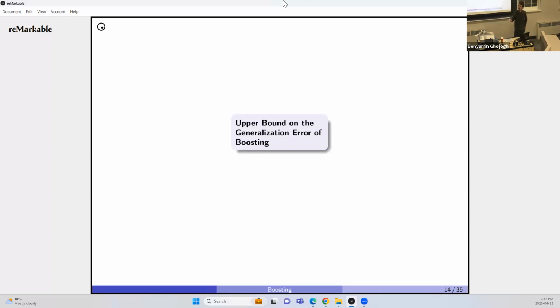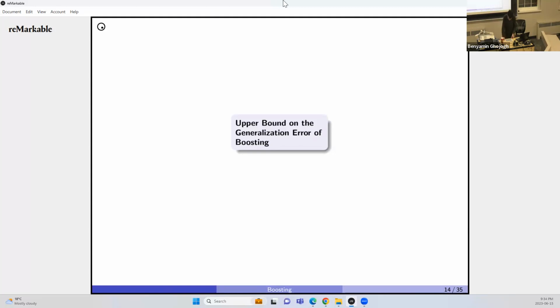It is good, and it shows why boosting is working. Interestingly, initially someone proposed boosting and it worked well, and then people were searching for the theory of why it works well. This is the theory explaining why it works well in practice.